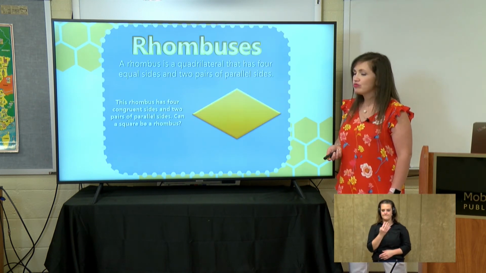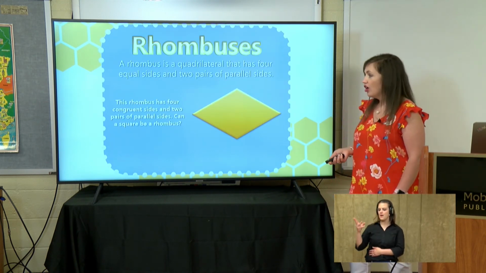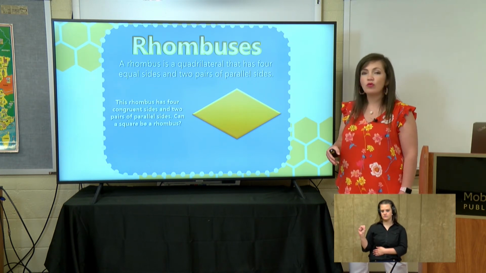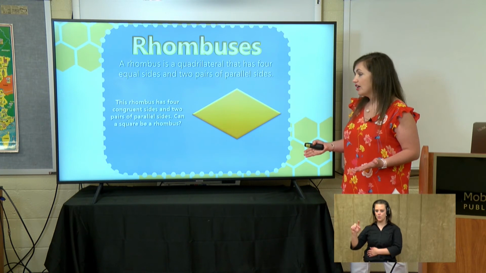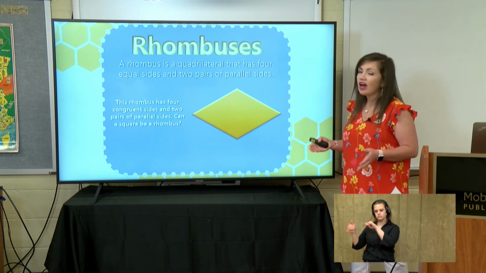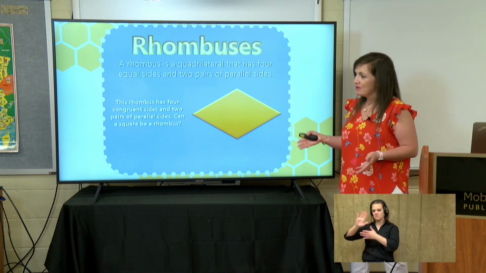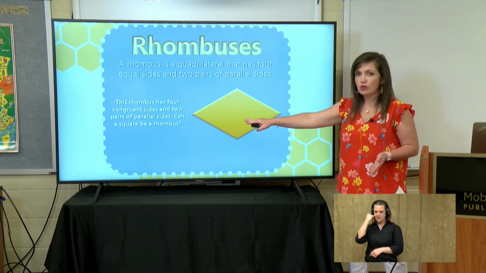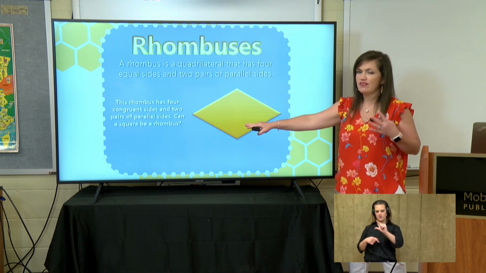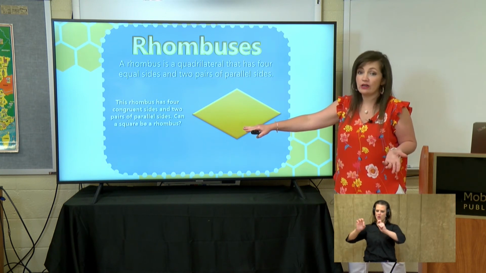Then we have a rhombus. All right, a rhombus has 4 congruent or equal sides. But they cannot form right angles, because what happens if this was to form right angles and it has 4 equal sides? It would be a square, right?